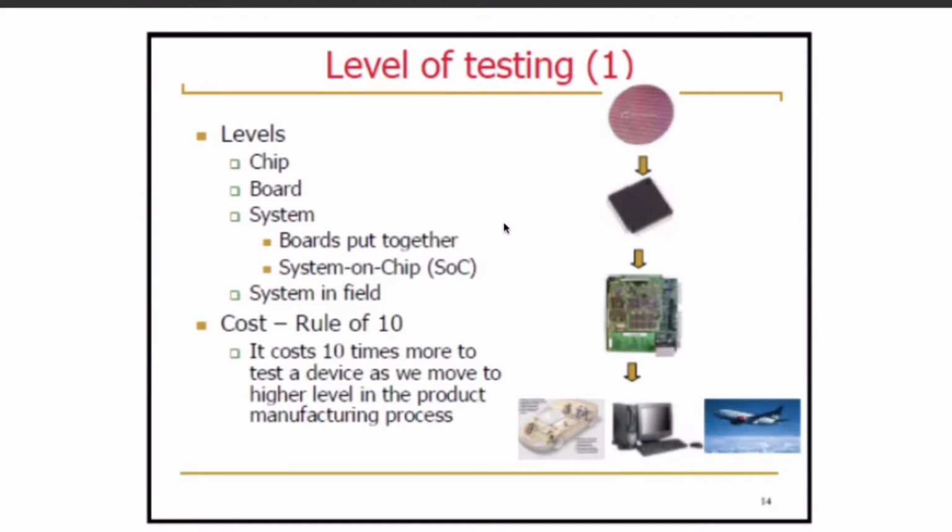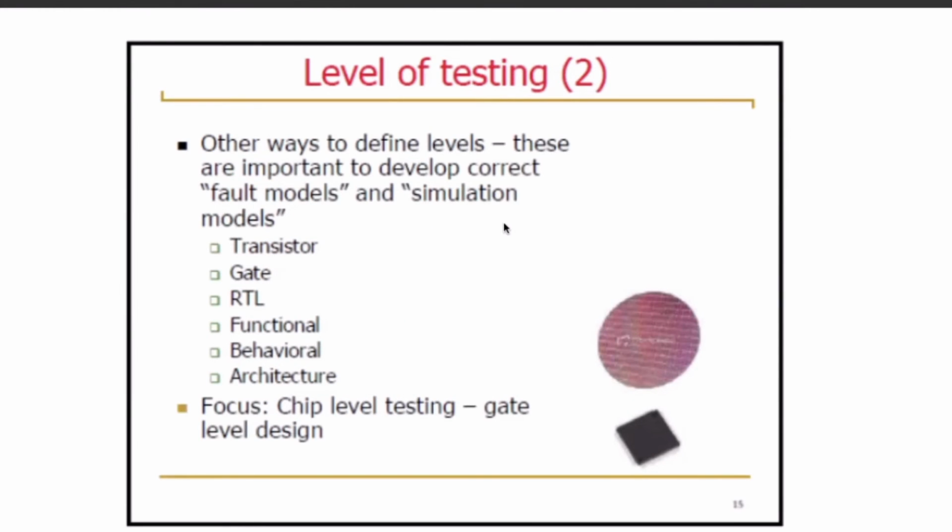So when you increase the complexity, the cost gets hugely high, and it increases with this rule of 10 at every level. It is getting 10 times higher. Okay, so it is better to wisely and fully test the chips at lower levels of abstraction. Okay.